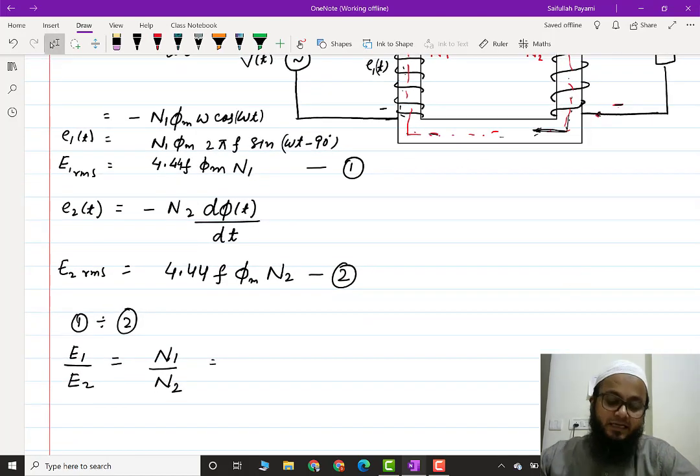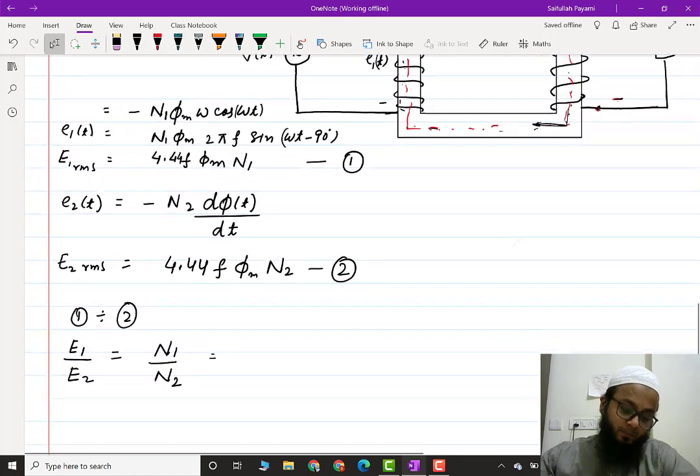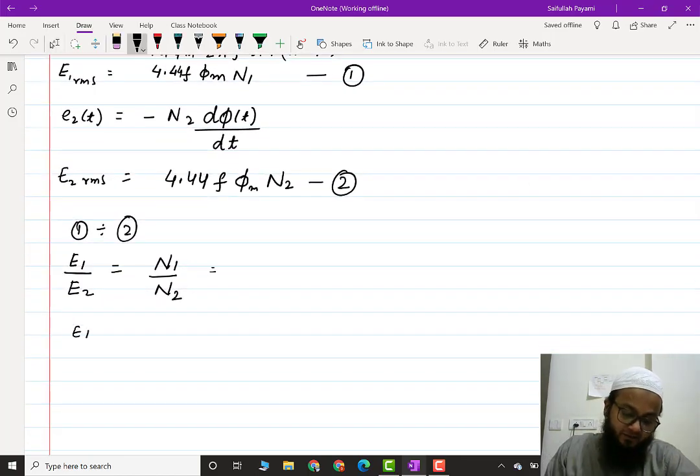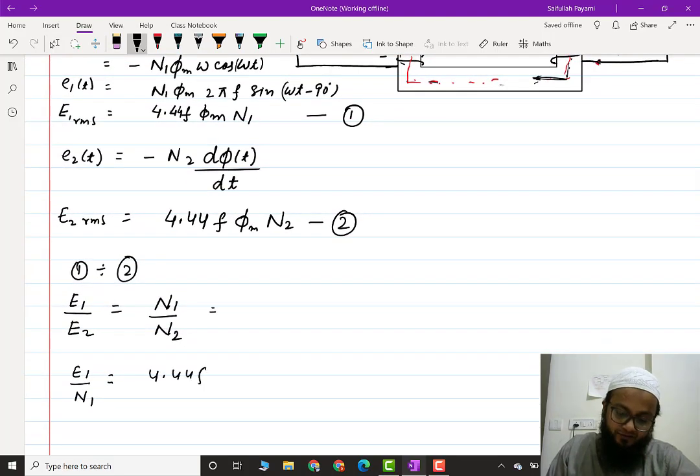But if you see the induced EMF per unit number of turns, it would be the same on both coils. Let's say E1 upon N1 is equal to 4.44 f φm.